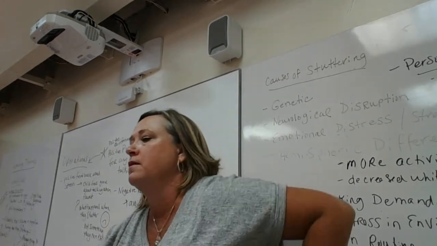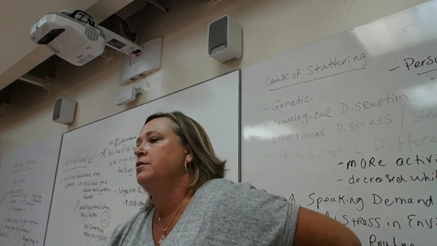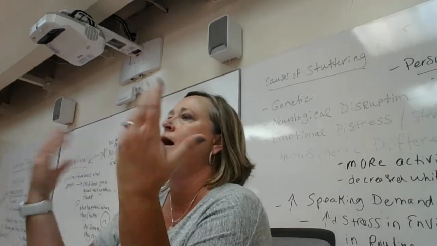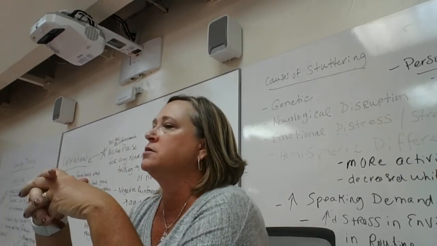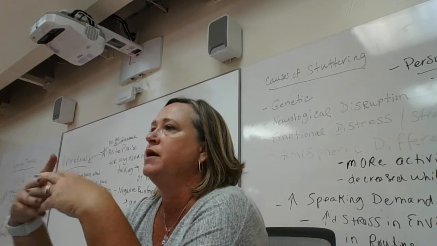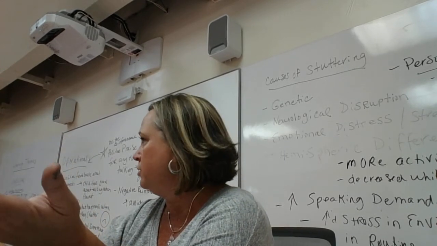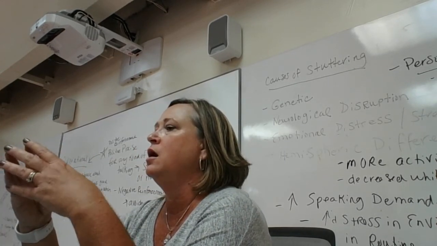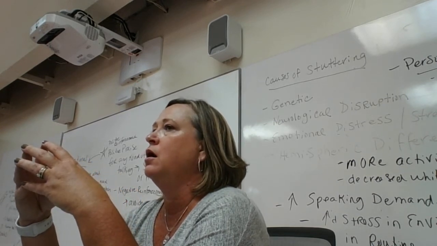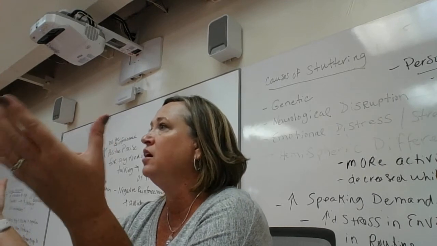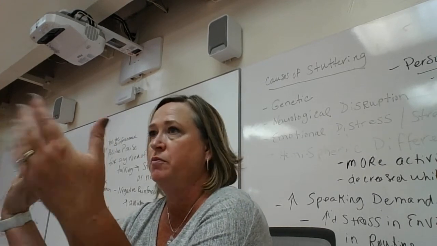So their theory is, why is the right hemisphere more active? They're saying that it's a compensatory strategy for people who stutter, in that they actually form a Broca's-like area on the right side. Do you remember reading about that?